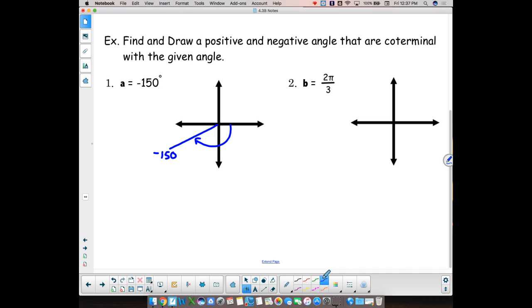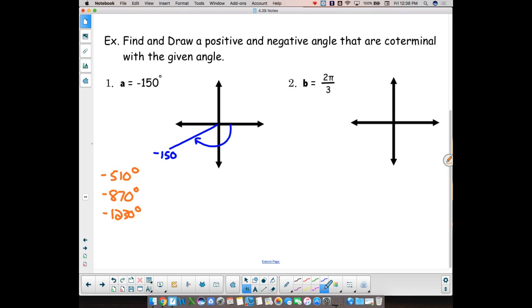Which would give me, on the negative side, negative 510 degrees, negative 870 degrees, negative 1230 degrees, negative 1590 degrees, etc., all of those.